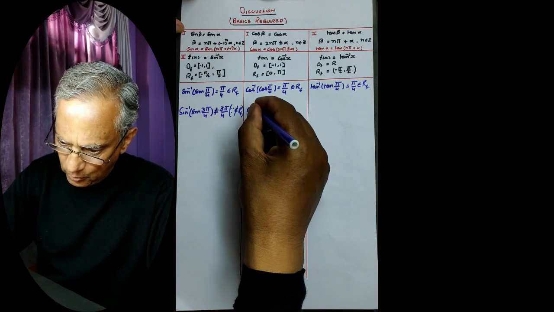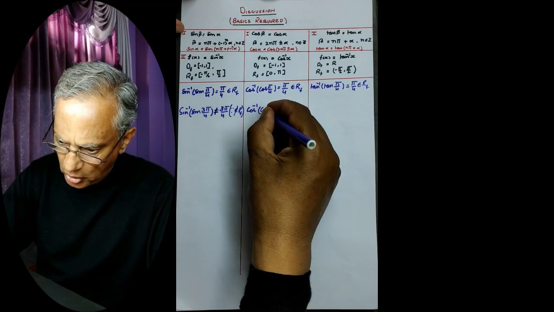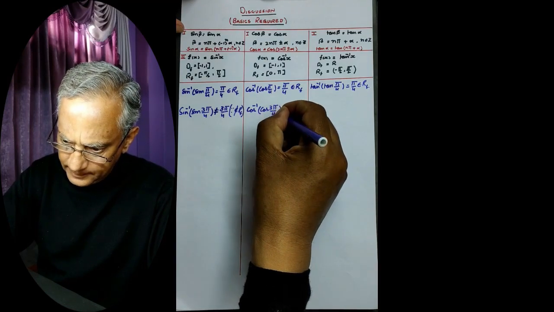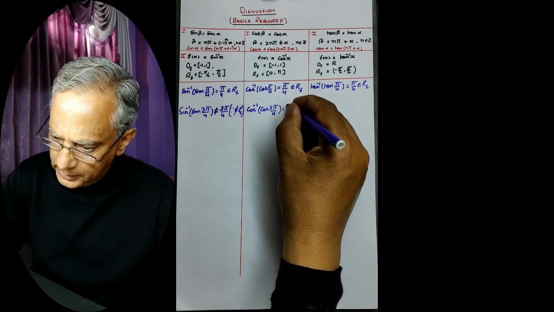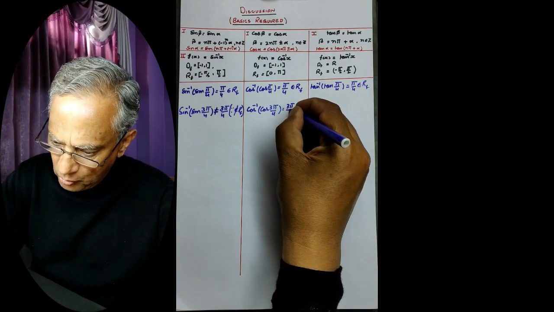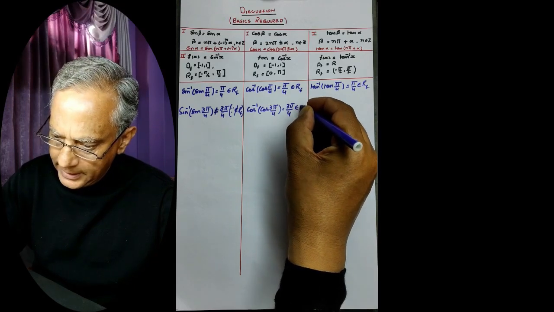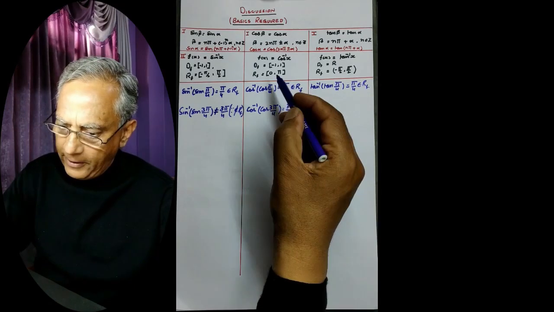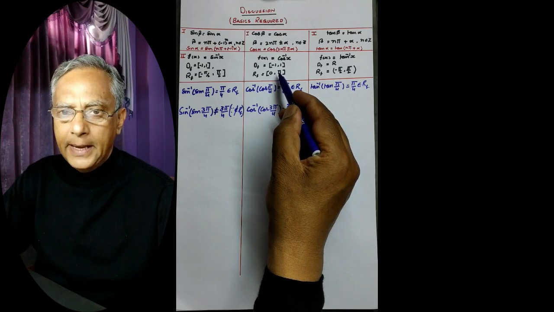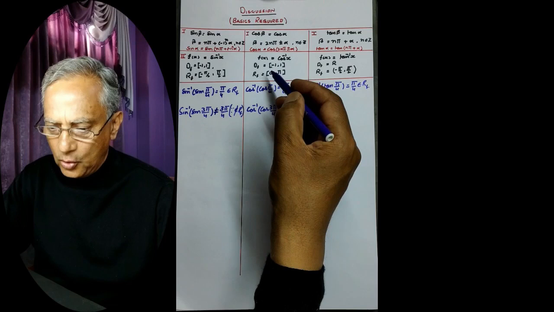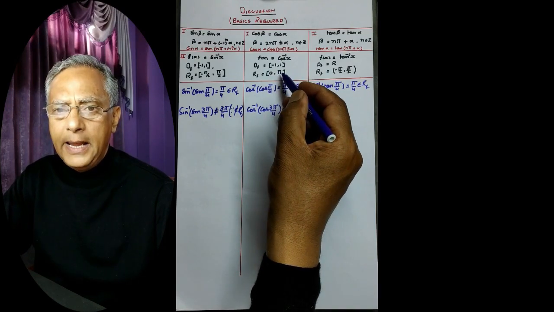Cos inverse of cos 3 pi by 4. Now this is equal to 3 pi by 4 because this belongs to the range of f. The range of f is 0 to pi, and 3 pi by 4 is 135 degrees, so it belongs to 0 to 180 degrees.